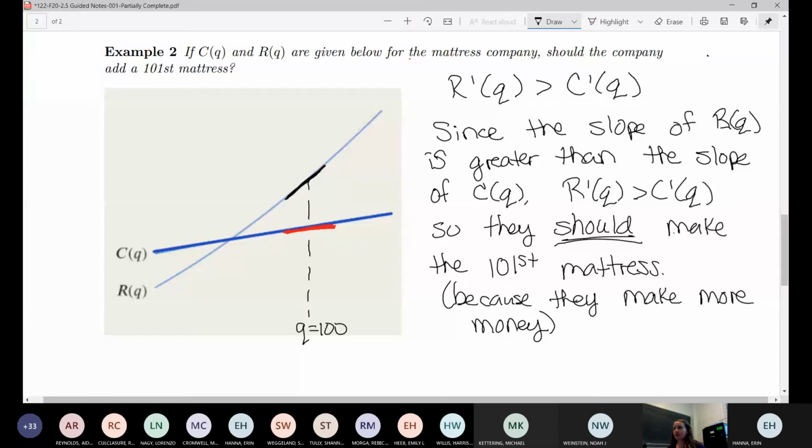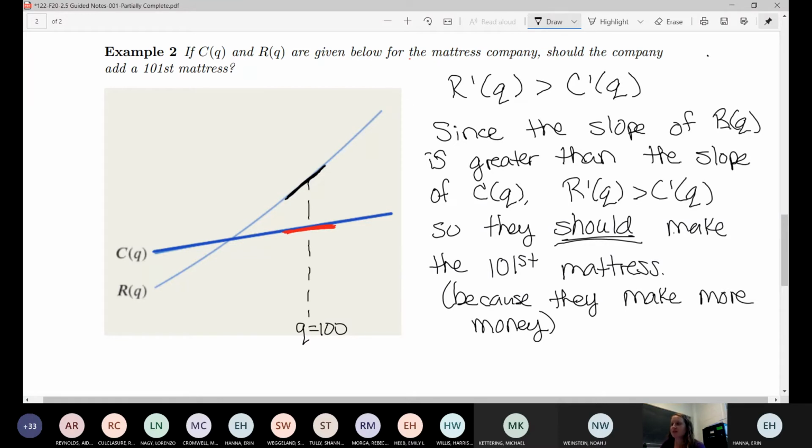If you're wondering why I'm using 100, not 101, here's the reason. The things we're looking at are the slopes. If I want to know about making the 101st thing, I actually want to look at the slope at 100.